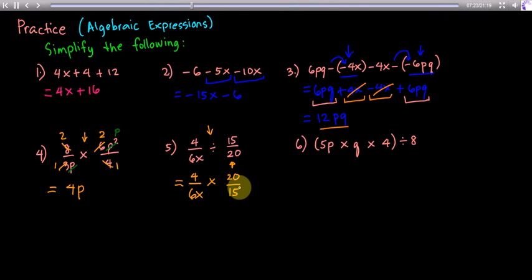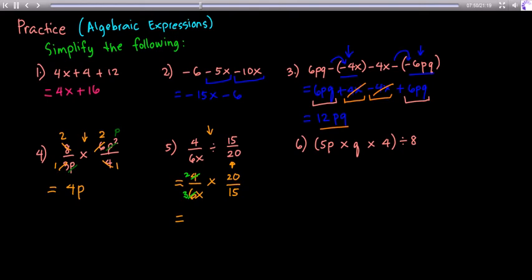Now again, to make it easier for us to simplify, we can simplify first, or make the fraction into simple form before we multiply. So 4 over 6, when we reduce it, could be 2 over 3. Let's try.